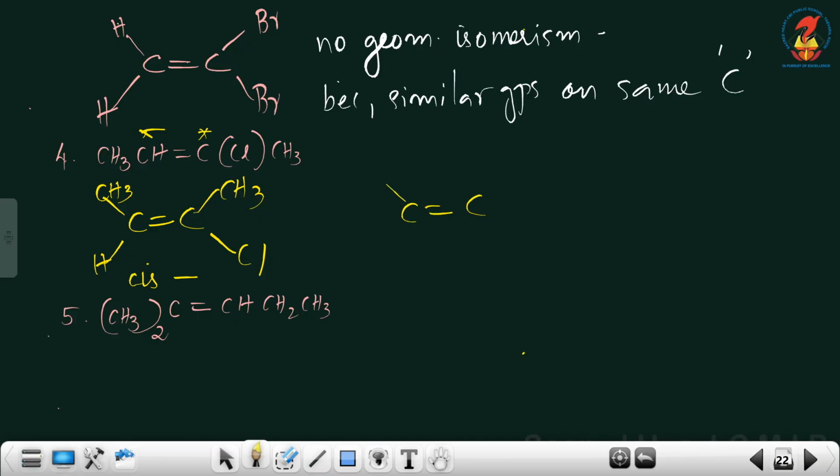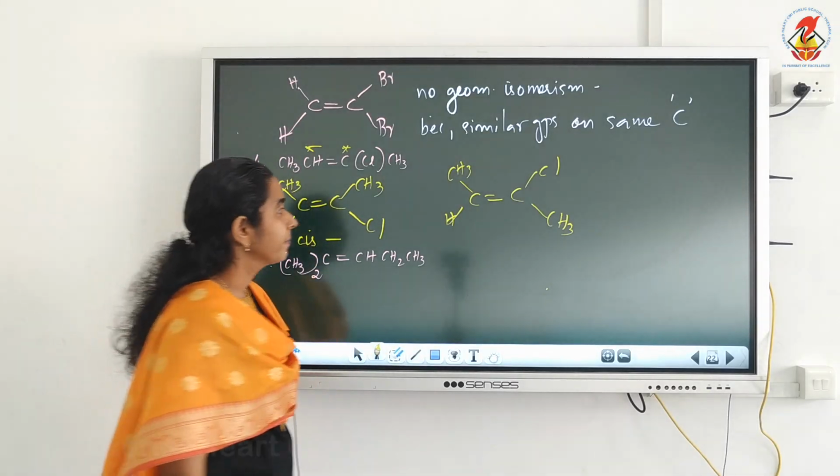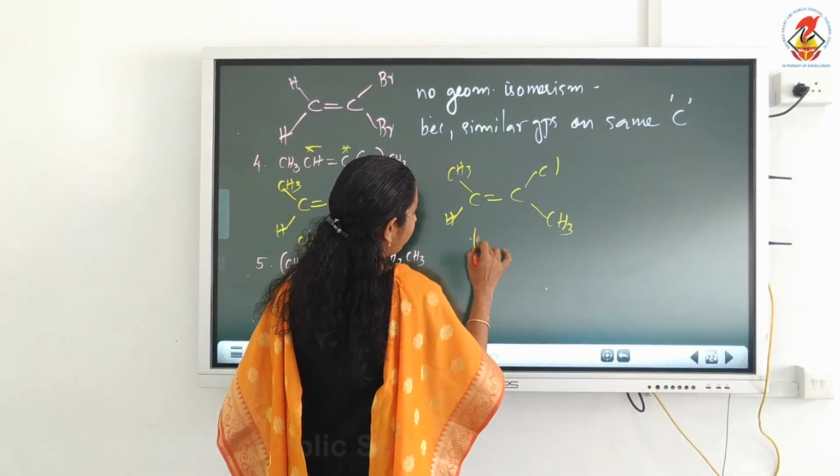How to draw trans? Keep one side same and just exchange the groups on the other side. So here similar groups are on opposite sides.